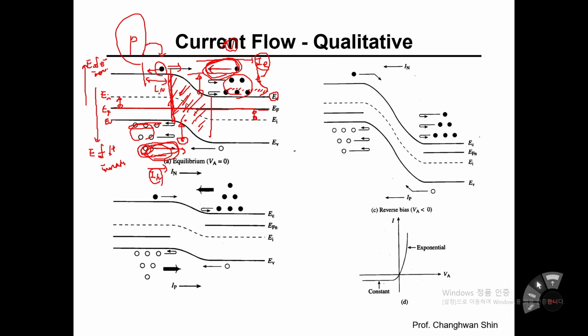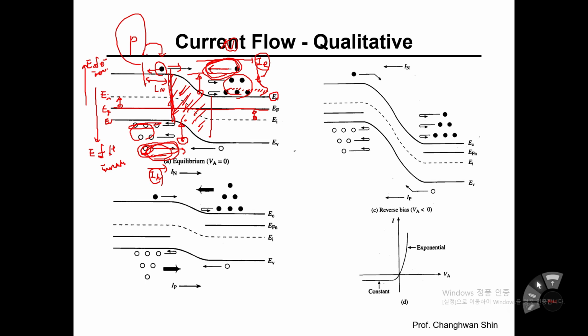Do you remember the diffusion length, the physical meaning of diffusion length? Diffusion length indicates the average distance that a minority carrier can move without any recombination with majority carriers.